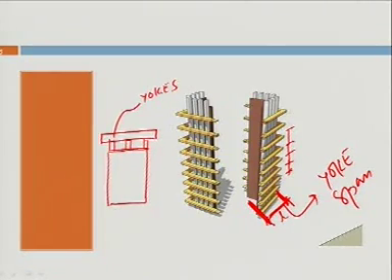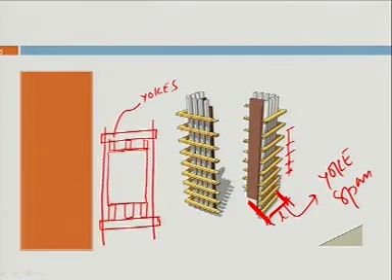Now suppose this side also you have similar arrangement, and you have some tying arrangement here. I am interested in this span for my yokes, which if you see in 3 dimension, it is basically this distance.